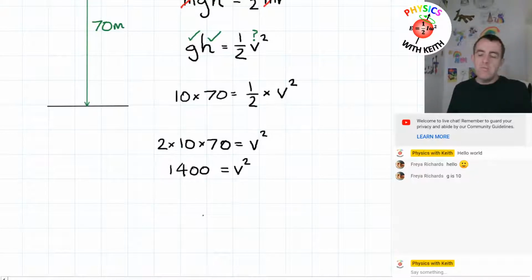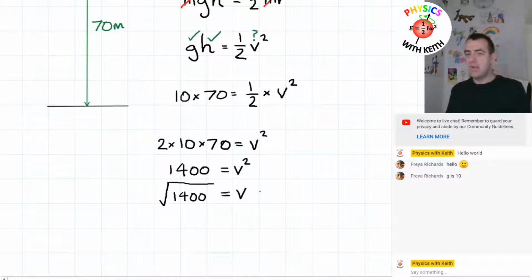And then we can use our calculator at this stage, because we can say the square root of everything in this equation. So the square root of 1,400 is going to equal v, the square root of everything. We plug that into our calculator. I mean, it's going to be 10 times the square root of 14. I can't think what the square root of 14 is.